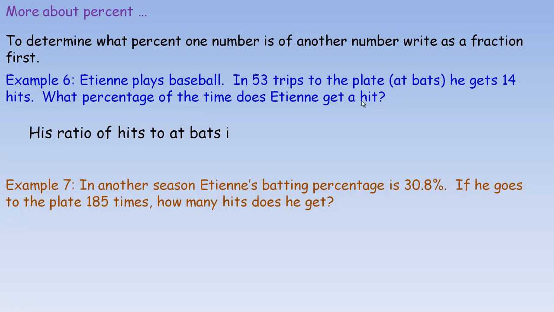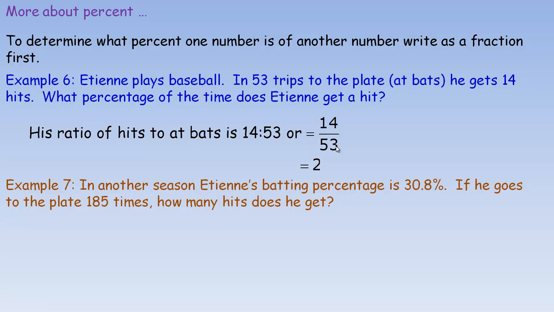Now, his ratio of hits to at-bats is 14 to 53. 14 times he actually hit the ball in 53 attempts to hit the ball. So the fraction is 14 over 53. So 14 53rds of the time he got a hit.